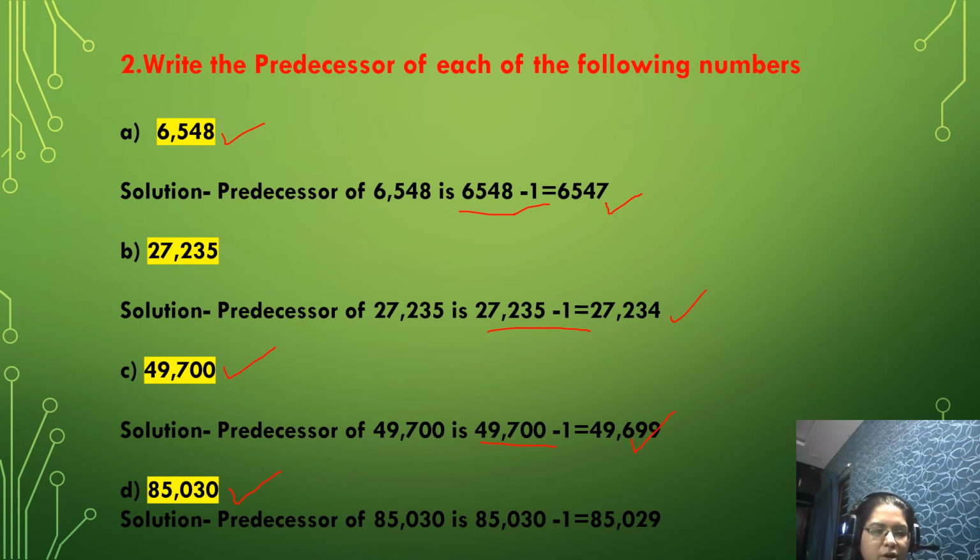So predecessor of this number 85,030 will be 85,030 minus 1, that is 85,029. What will be the predecessor of 85,030? 85,030 minus 1, that is 85,029.